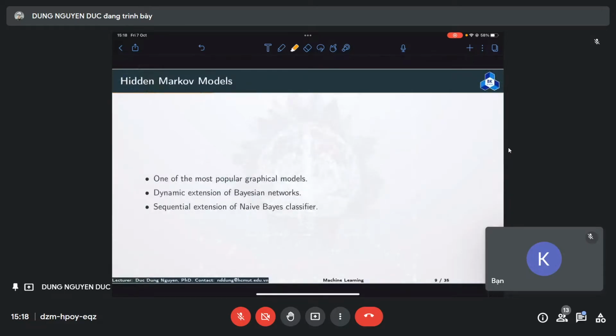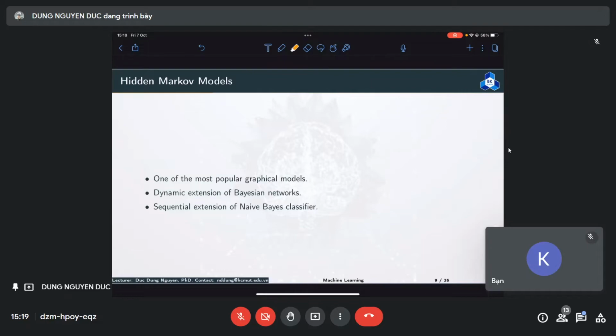First of all, this is one of the most popular graphical models that people use. I'm not saying this is the only graphical model you have, but I'm saying we use it a lot. Okay, and it's actually an extension of the Bayesian network, right? This is why I discussed Bayesian earlier.